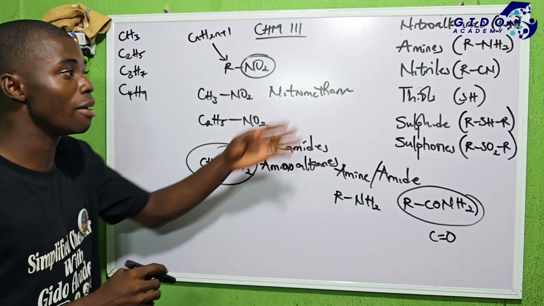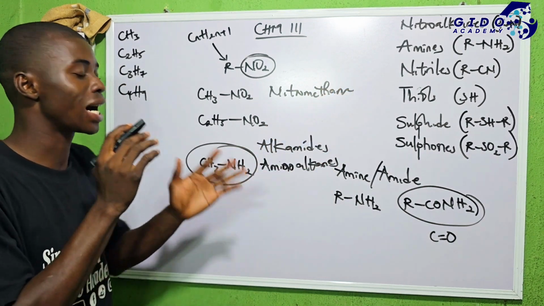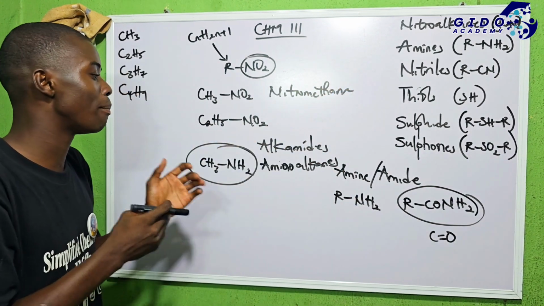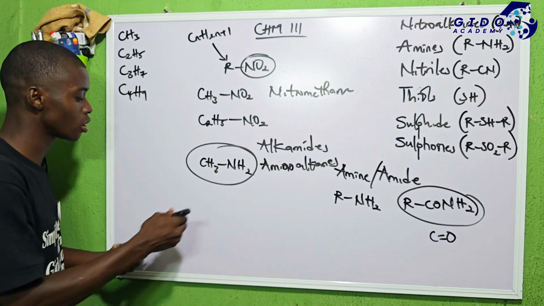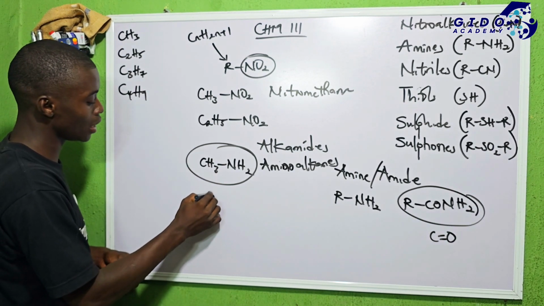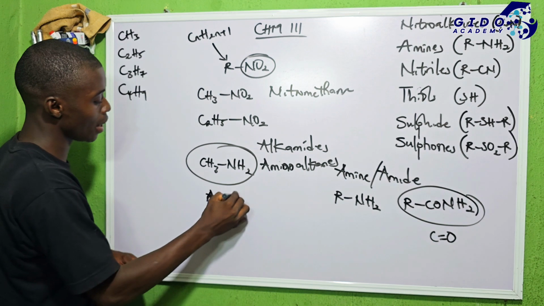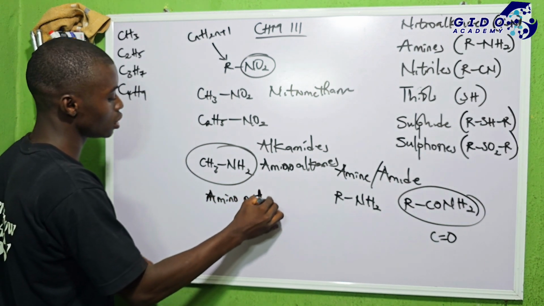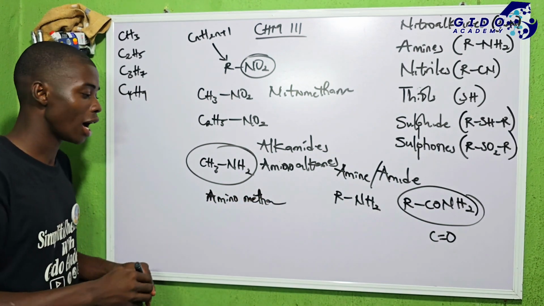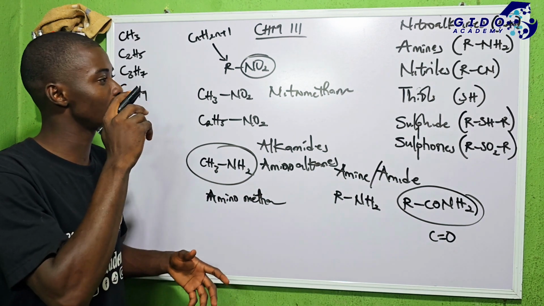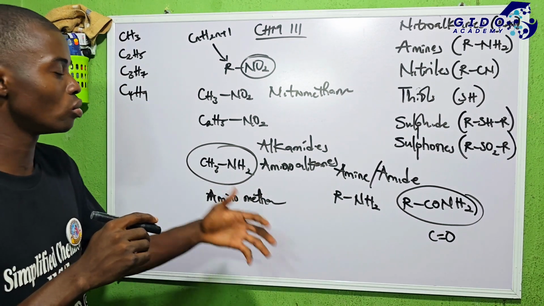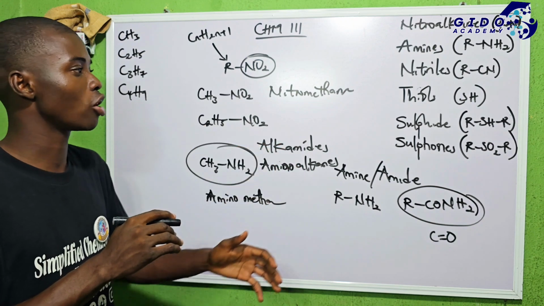You can call them the amines functional group, the alkamides functional group, or the aminoalkane functional group. For example, the first member will now be aminomethane. The second member will be aminoethane, aminopropane, aminobutane. Make sure that everything you are doing starts with amino before the other names come in.